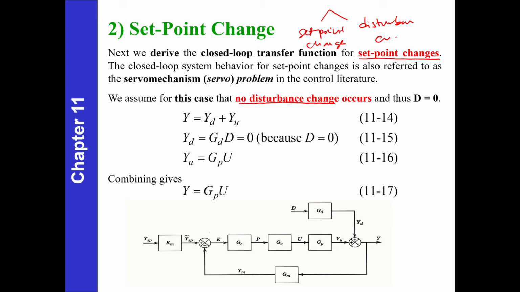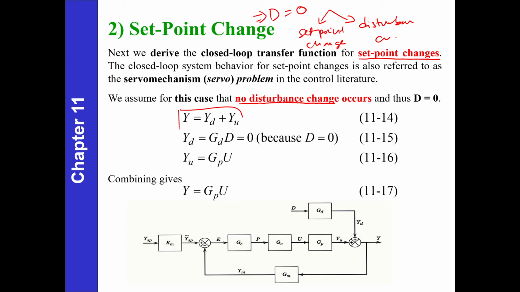We assume they occur separately, but in reality they might occur simultaneously. But for this block diagram reduction, we assume they occur separately. So for the first case, a set point change, D is equal to 0.